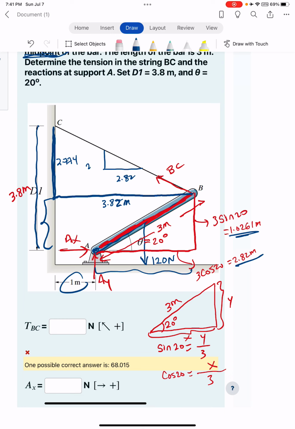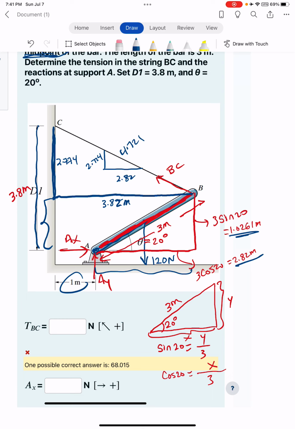Now, if you want to find out the diagonal, so this is the slope, 2.82, 2.774. So this is 2.774 square plus 2.82 square, under square root, and this is 4.721.